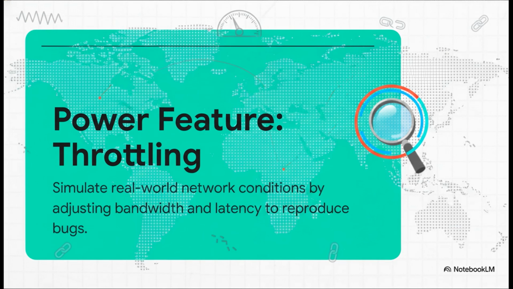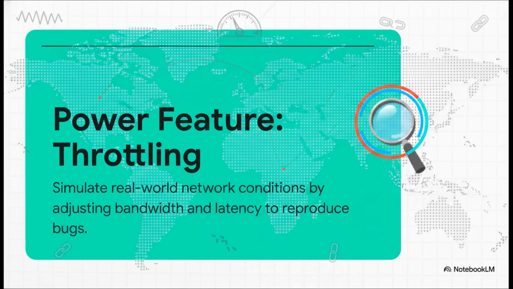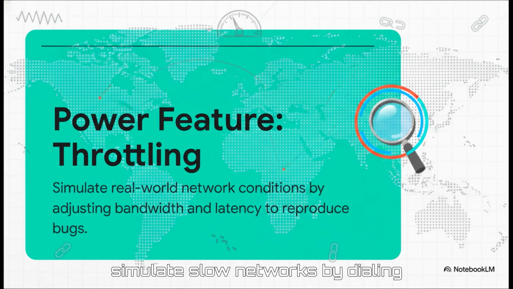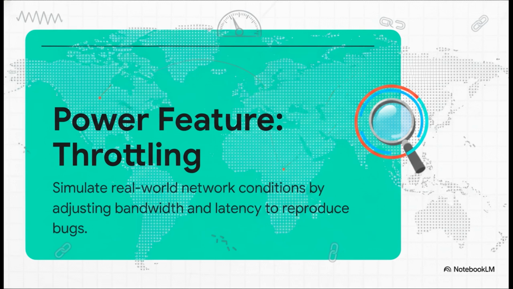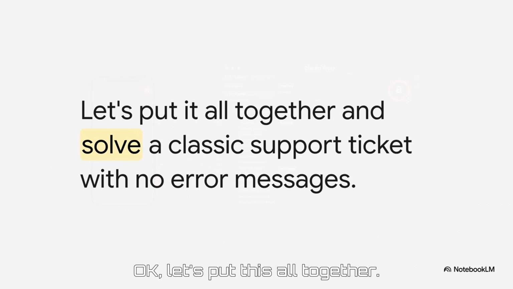And this one? Oh, this is how you finally track down those impossible bugs. You know, the ones that only seem to happen for that one user who has a terrible connection? The throttling tool lets you simulate slow networks by dialing down the bandwidth and cranking up the latency. If a user complains your app is laggy on a 3G connection, you can now feel exactly what they're feeling and find the bottleneck.